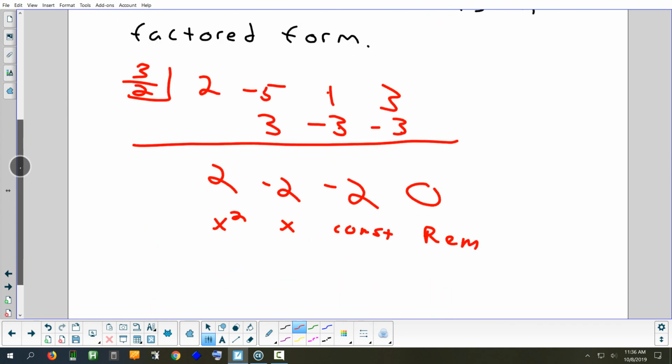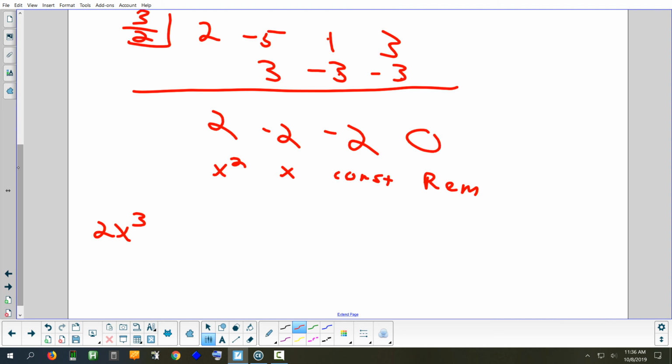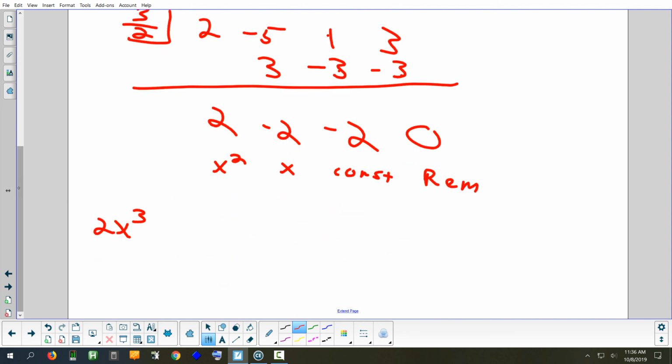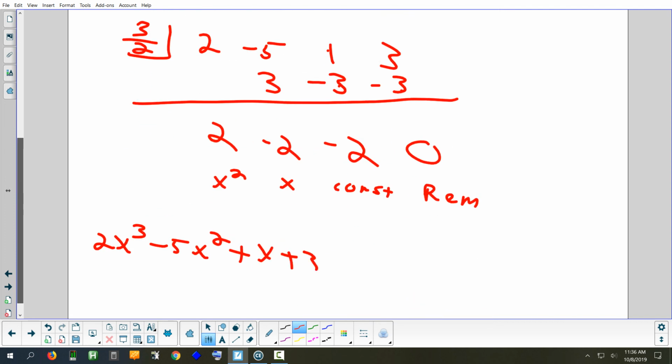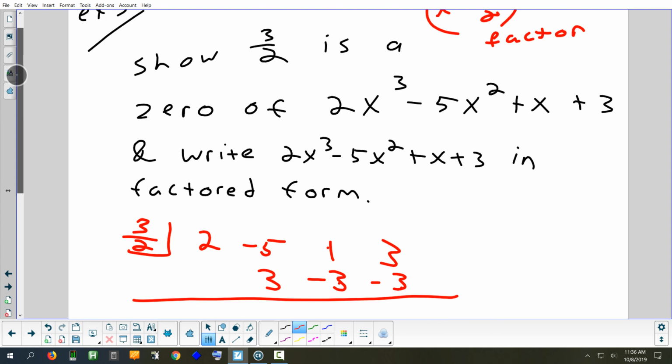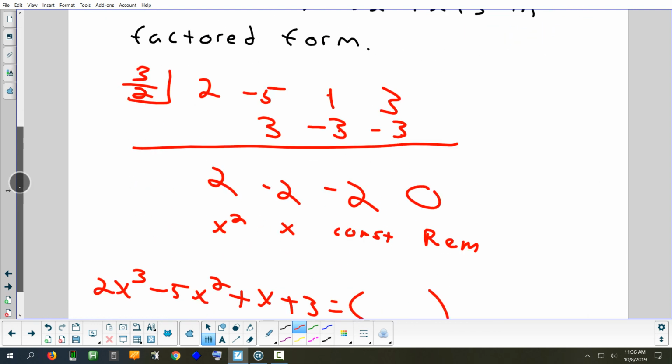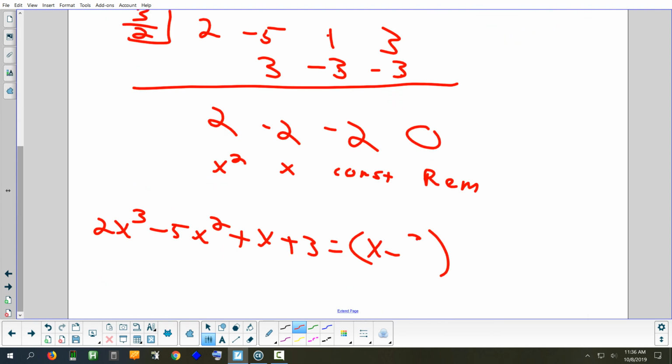So, we know that 2x cubed minus 5x squared plus x plus 3 factors into x minus 3/2. That's one of the factors. And now, think about the other factor.